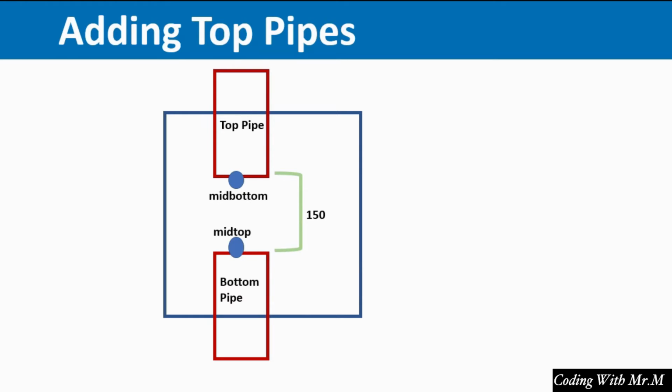And I want to create some space between the pipes. So the green strip here represents the spacing I want to provide between the top pipe and the bottom pipe. So I'm going to give it a negative 150, which will be sufficient to create some space between the pipes as they move along the screen surface.